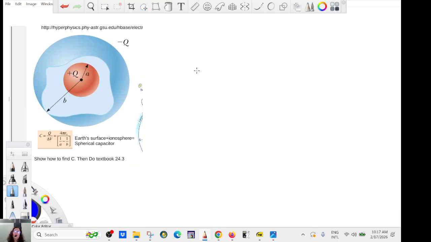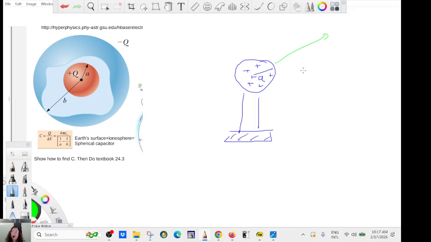Okay, so let's say you have a Van Graaff generator, right? So the radius is A. You connect it to a power supply, it's going to charge, and you have plus, plus, plus, plus. And you remember what the electric field looks like, right? It's going to be radial like this, but somewhere you have minus. Where is the minus? It's very far away.